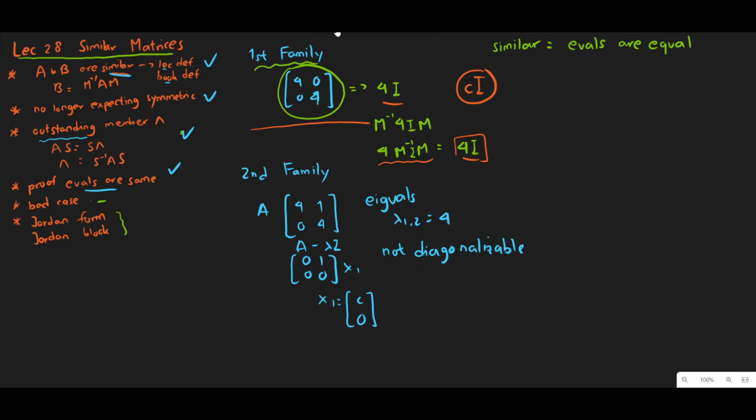But what makes it different from the first one, although they are really similar, is that this family has another matrix that is similar to A. So it's not like the first family, where the only member is this one. It has another kind of matrix that is also a member of this family.